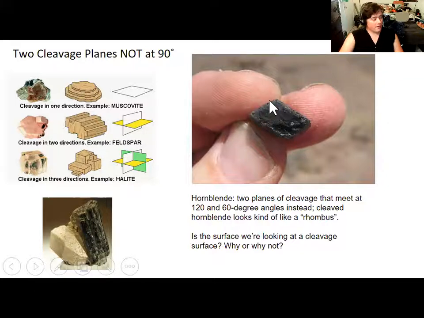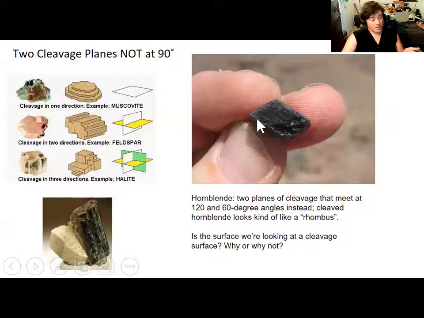And here, we're not looking at a cleavage plane. We're looking at the sort of rubbly 3rd dimension. There's a cleavage plane in 1 dimension, like on this side of the rhombus, and then there's a cleavage plane in this dimension on the other side of the rhombus. But the surface we're looking at straight on, and the surface that's opposite, is not a cleavage plane. Hornblende doesn't break regularly in 3 dimensions.